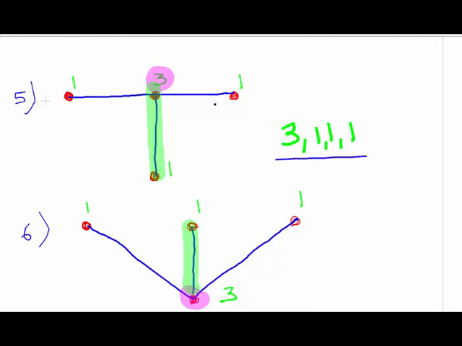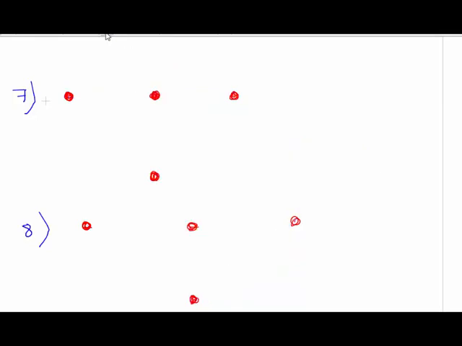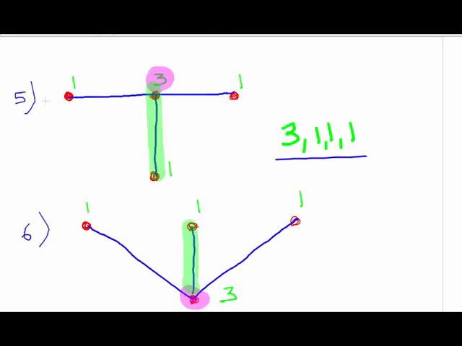But it is possible to use these where we would have 2, 2, 1, 1. We've already exhausted the possibilities of using that middle edge for 3, 1, 1, 1. We can't find any more.